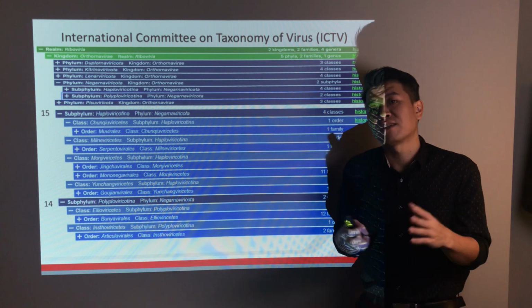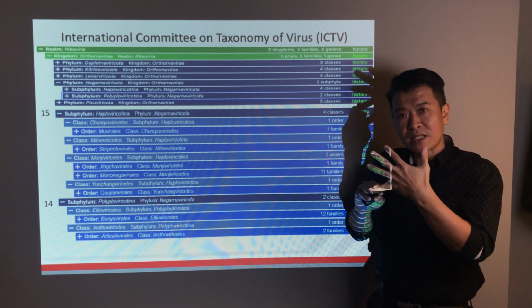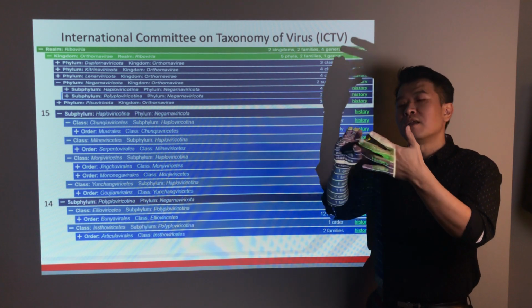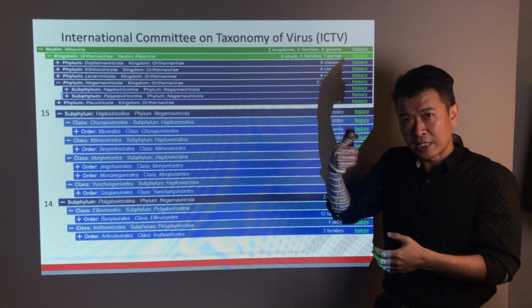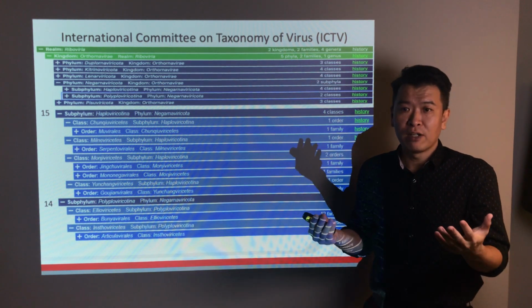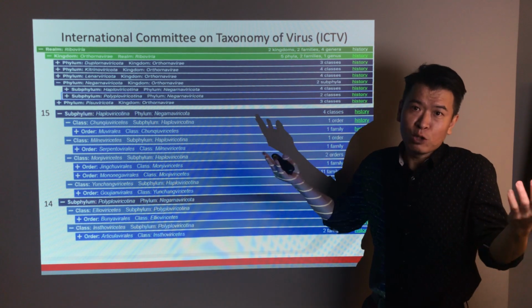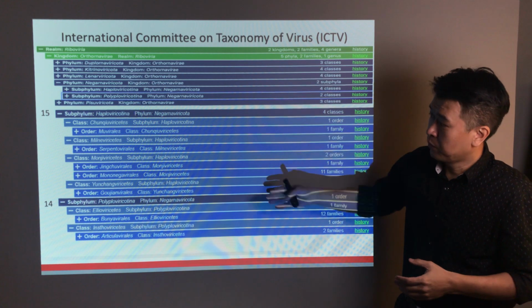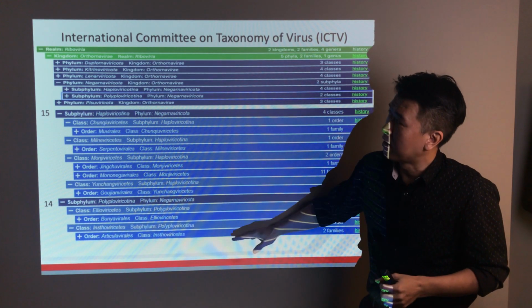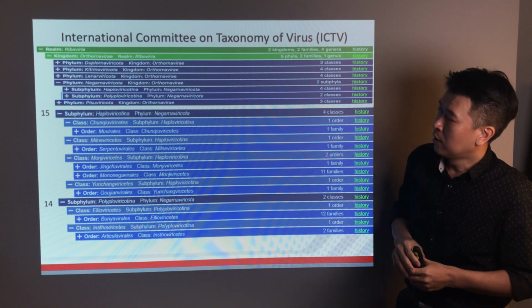We know that for the classification of life, the smallest unit is the species, then genus, family, order, class, phylum, and kingdom. However, for viruses, during my time, it was just order. Now it's 2020, and you can see that the classification of viruses has gone all the way to kingdom and even realm.